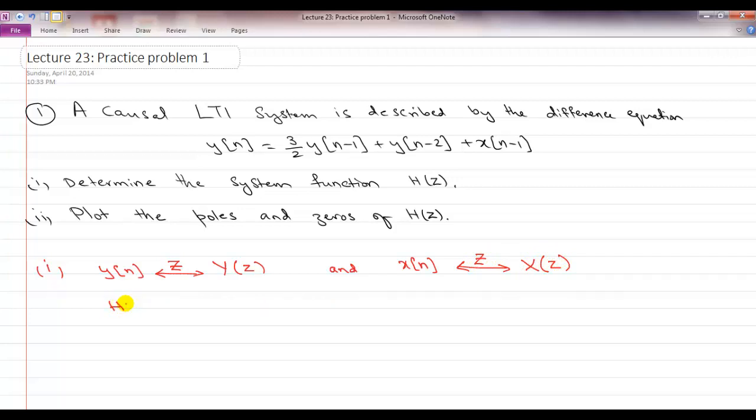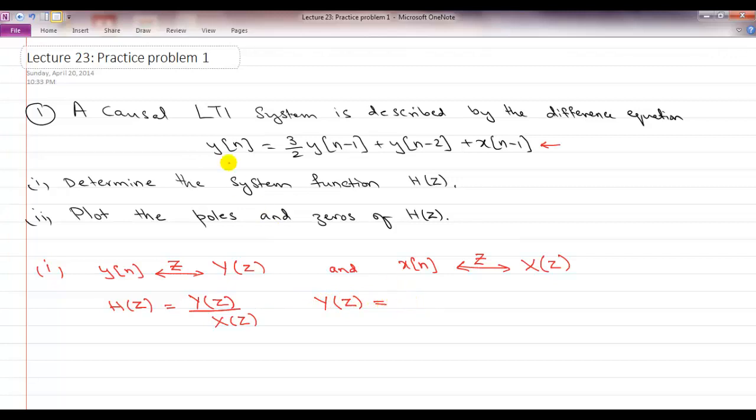We know the transfer function is simply given by H(z) equals Y(z) over X(z). So we focus on this difference equation and take the z transform of the left and right hand sides, and we get Y(z), which is the z transform of y[n].